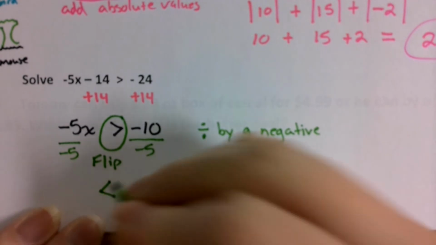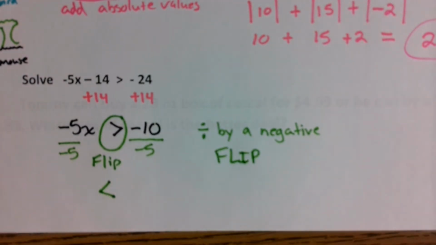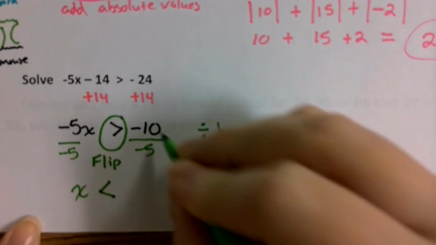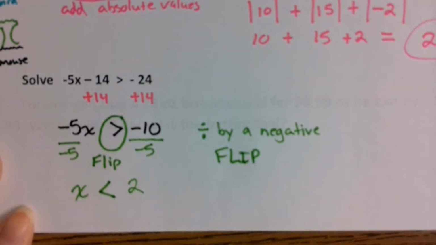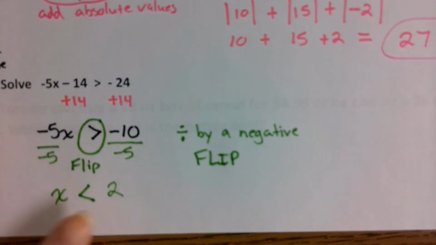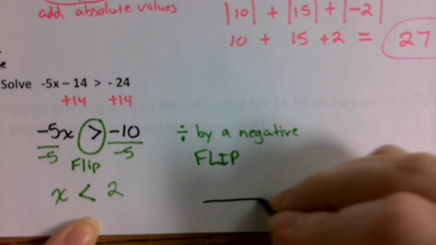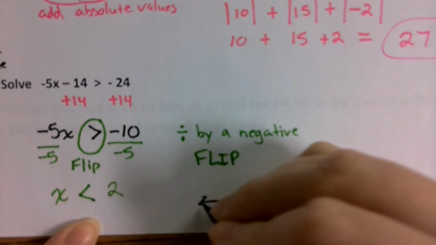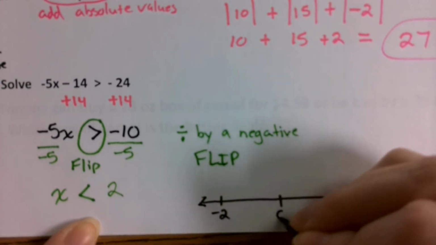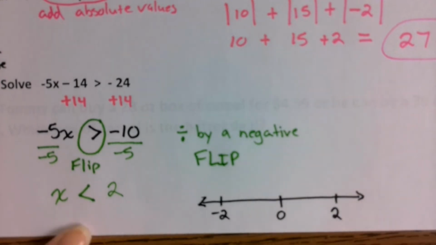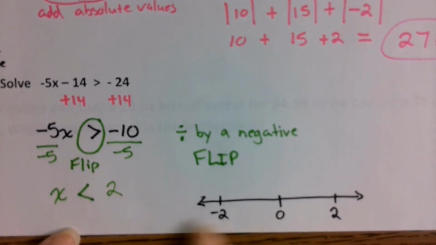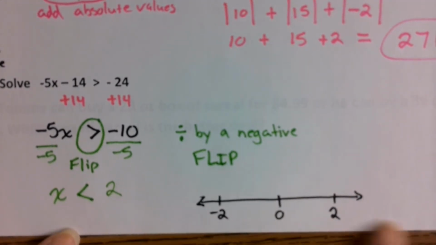So the sign becomes a less than symbol. And now we get x is less than a positive 2. Okay, if I were to graph it, when I graph it, I've got negative 2, 0 in the center, positive 2 off to the right. Which one of the numbers am I starting off at? Where am I going to start?